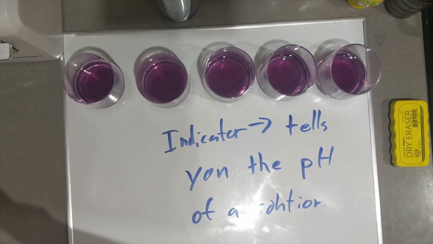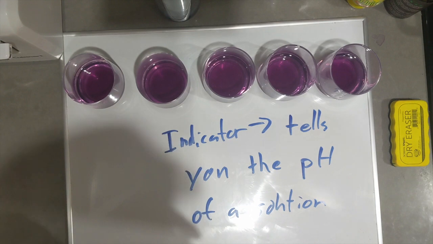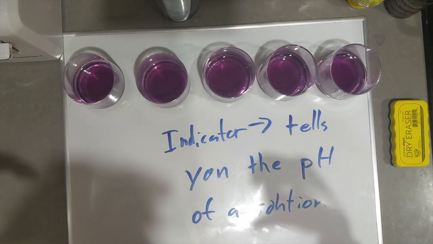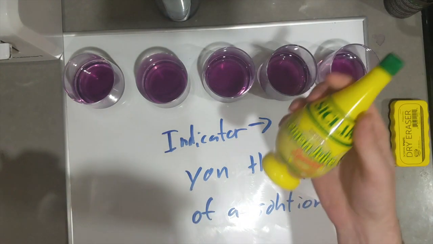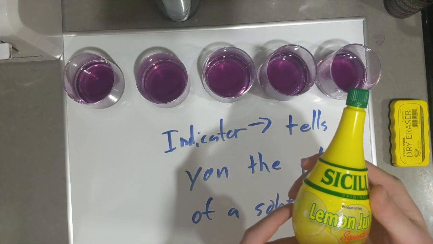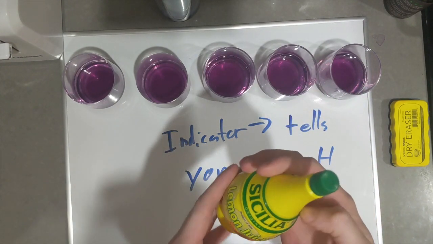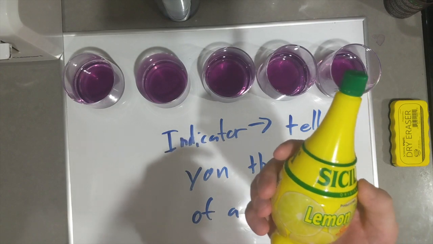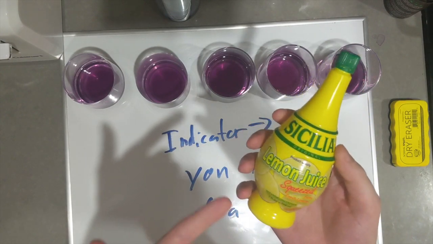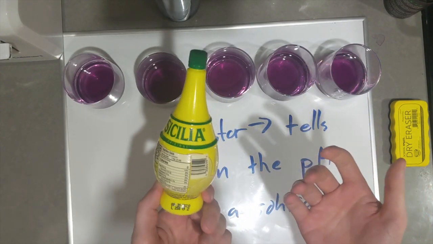So let's just mess around with some things you might have lying around your house and see if they are in fact acids or bases. Let's start with something that we know for sure, lemon juice. We talk about lemon juice being very acidic. These are citrus fruits, which refers to citric acid.